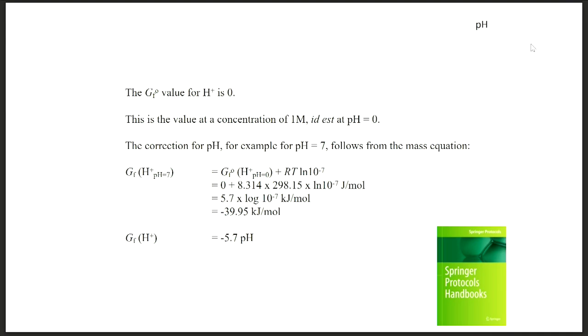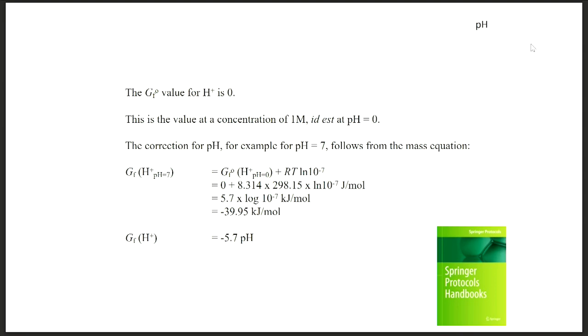That's basically because at pH 7, the concentration of your protons is 10 to the minus 7. And if you do 7 times 5.7, or 8.3 times 295 and so on, then you get 39.95. So there's no mystery behind the value that Thauer lists for the protons, it's simply this value.